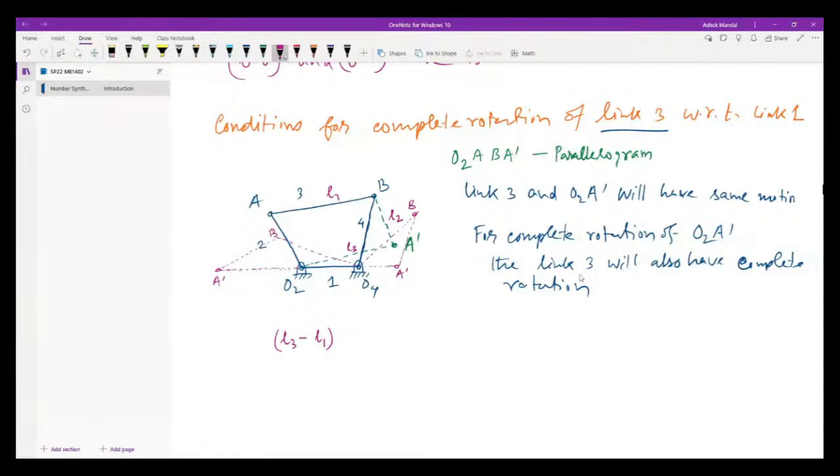So in this case, first if I take this configuration, L3 minus L1 plus L4. L3 minus L1, so this length plus this length must be greater than L2.